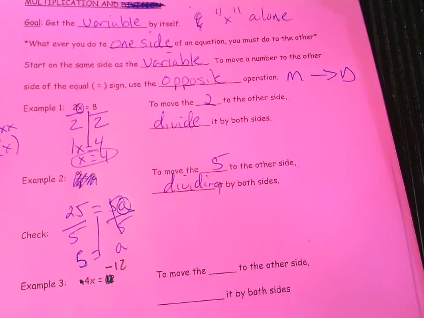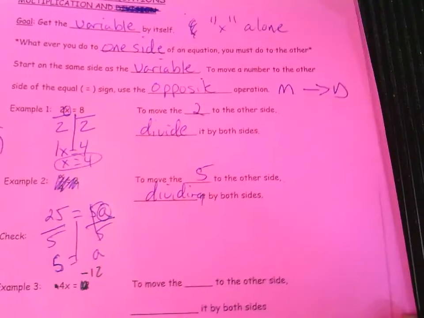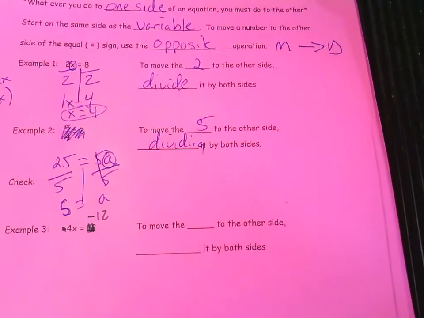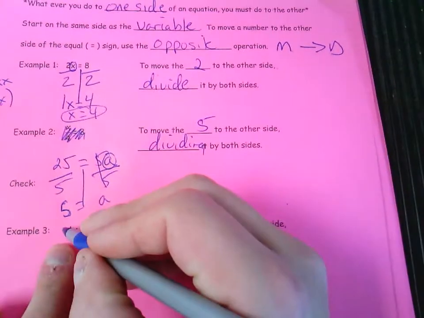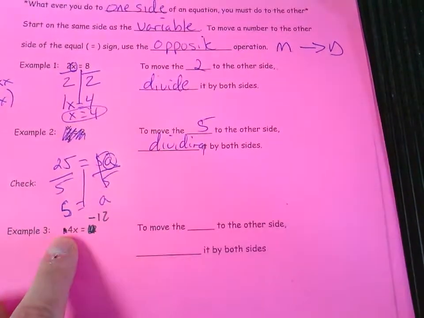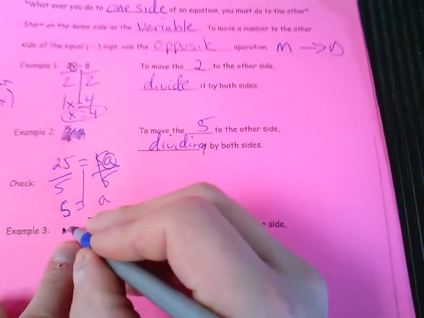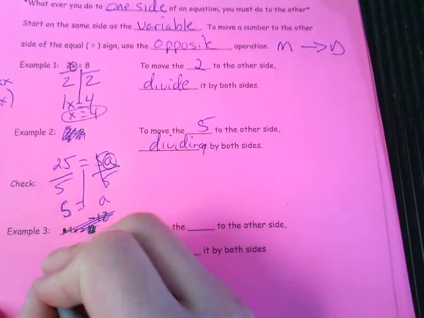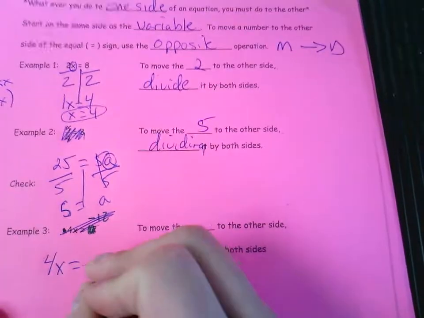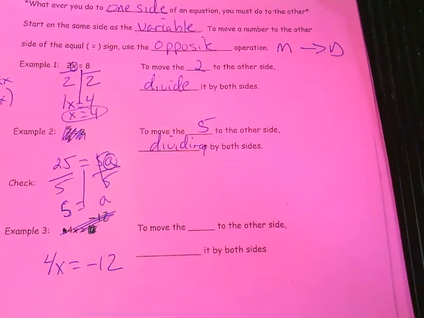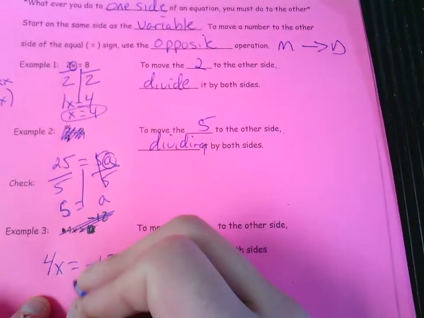All right, one more. You're going to notice on the next couple pages that we scribbled out negative signs that were in front. So I'm going to change this problem to 4x. So just scribble the whole thing out. Let's rewrite it. 4x equals negative 12. So we are going to move, line down the equal sign, circle the variable.